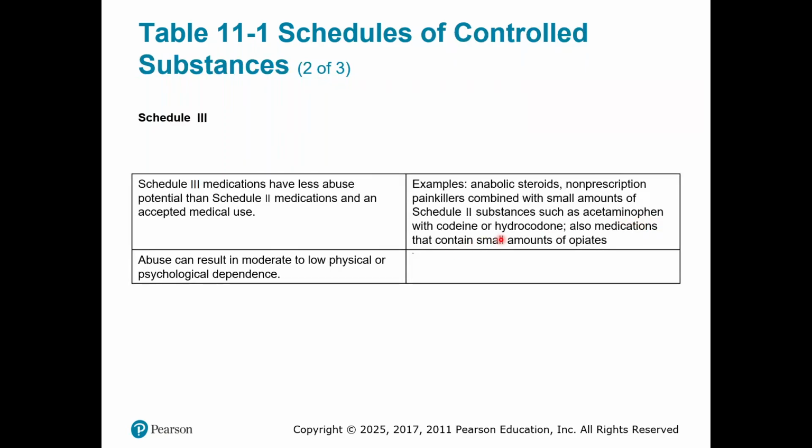Tylenol with codeine, or hydrocodone, right? Your Percocet. It can be aspirin and codeine. So these drugs are mixed with an over-the-counter type drug to have less abuse potential.